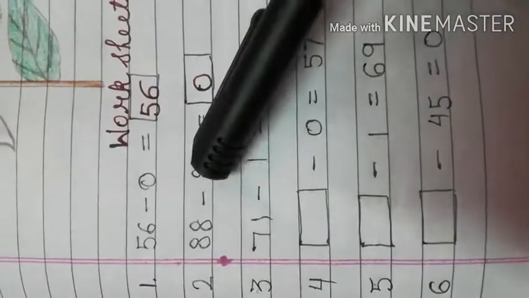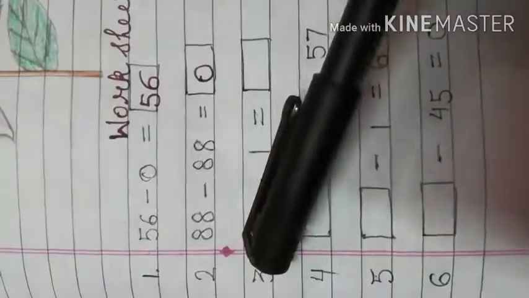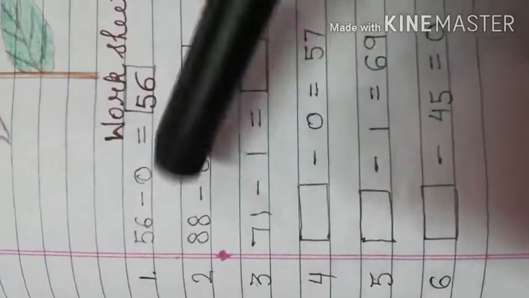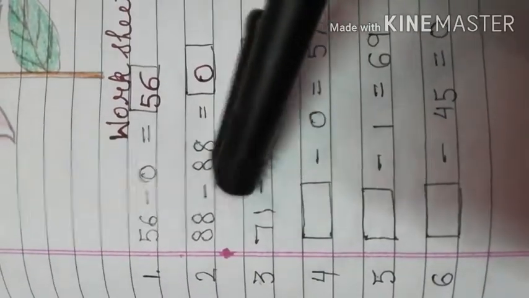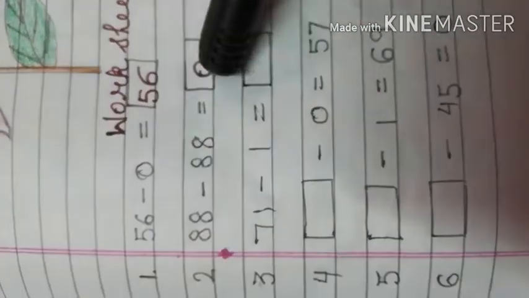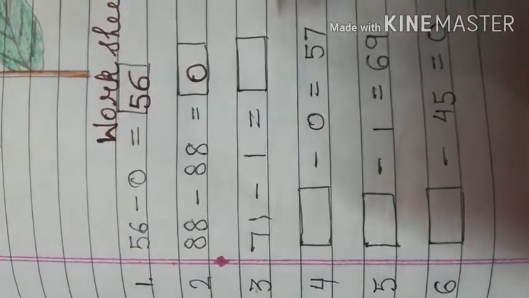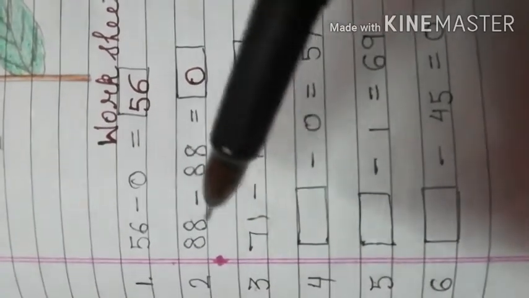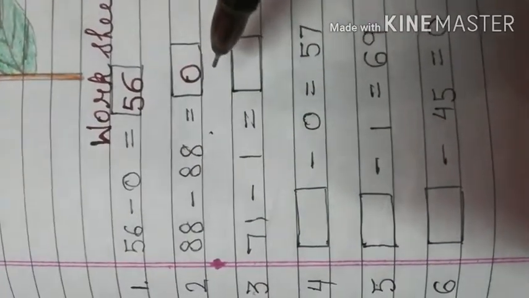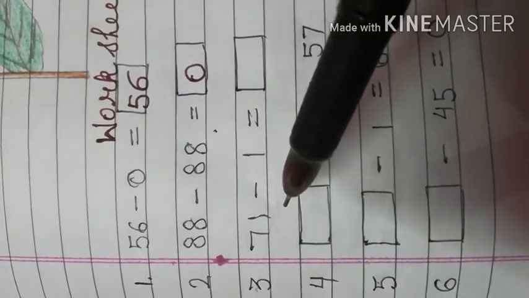If we will just arrange this in the column, then also we will get the same answer. 8 minus 8, both 8 are at 1's place, so this is 0. And on 10's place also we have the same number, that means 0. That is why it is your fact that if you are subtracting the same number, you will get the answer as 0.